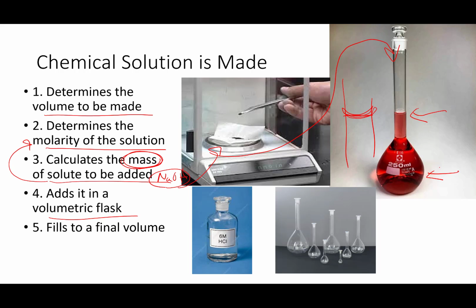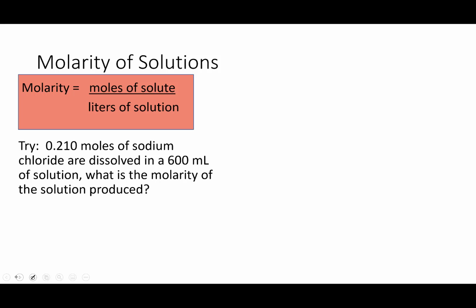You put the powder in the bottom, then you fill with fluid, usually distilled water or deionized water, up to the line, and then you will have your mass in a certain complete volume, and you can calculate from there the molarity of your complete solution. So it's pretty simple to do.